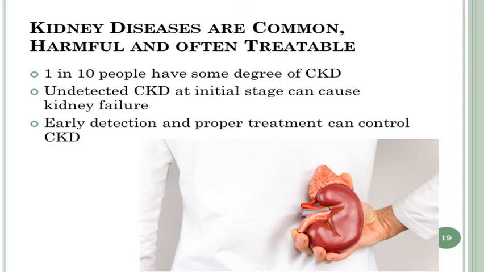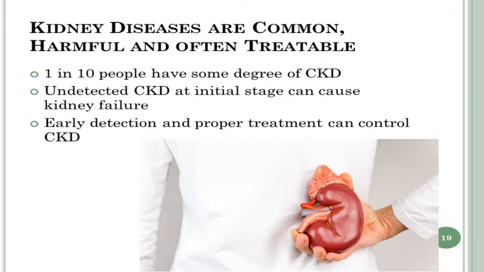The second consequence of CKD is that it increases the risk of premature death from associated cardiovascular diseases. Individuals who appear to be healthy, who are then found to have CKD, have increased risk of dying prematurely from cardiovascular diseases, regardless of whether they ever develop kidney failure.